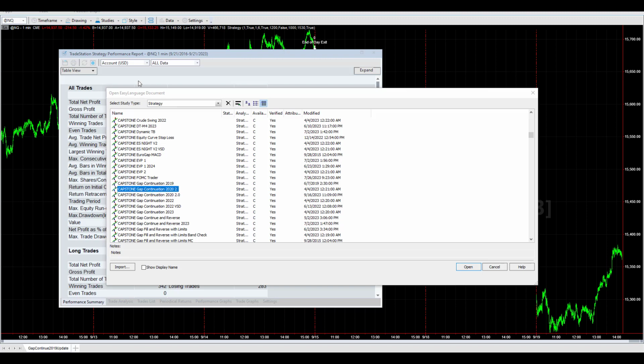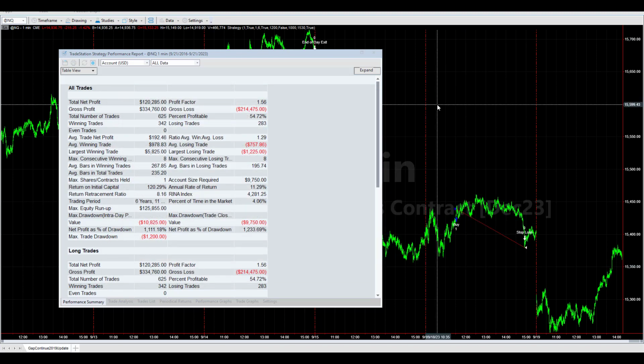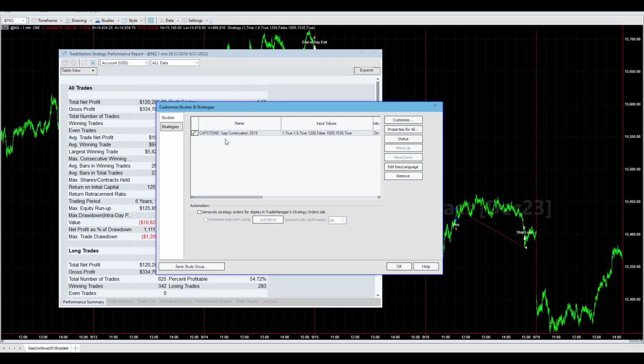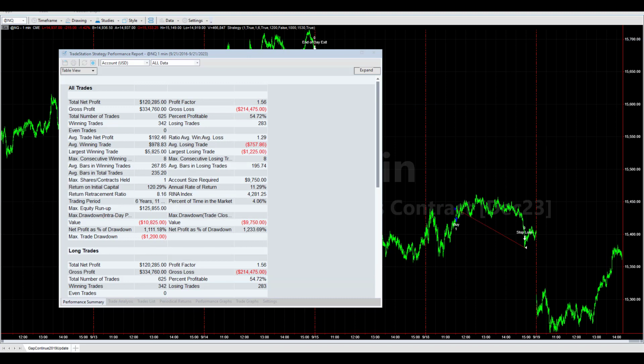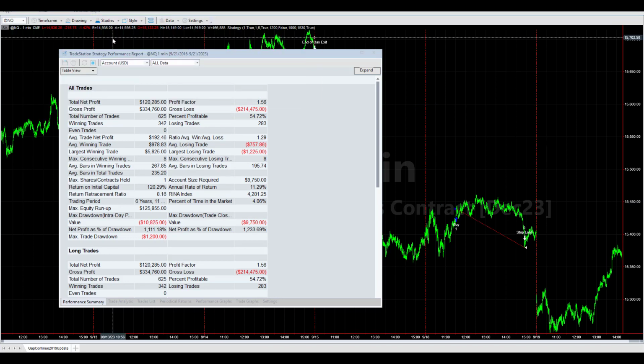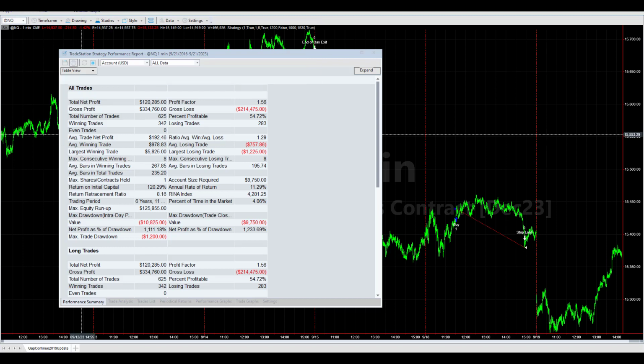Remove the colon and then select cancel, and then right click and say studies, edit strategies. It still shows the colon, so you say okay. Now you save your workspace: file, workspace, save workspace, and then close your workspace and reopen it, and you'll see the file name changes without errors.